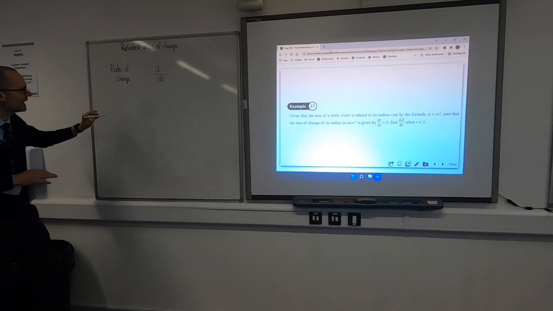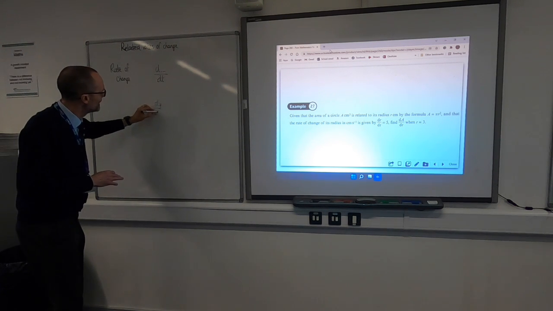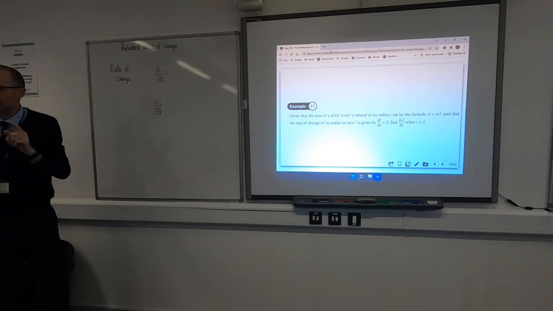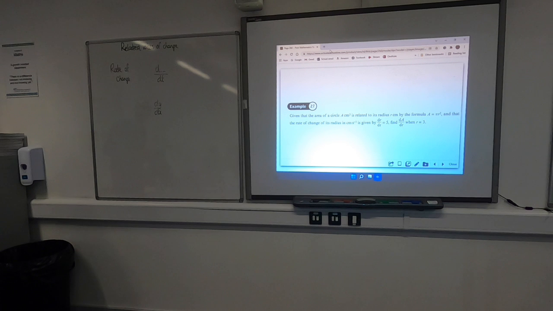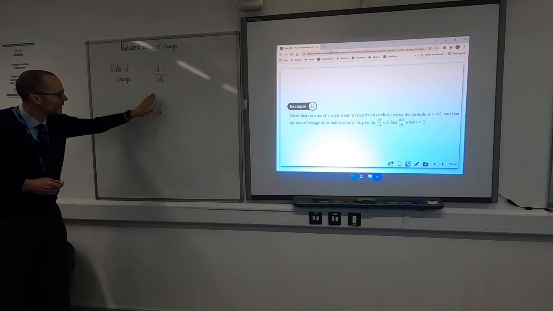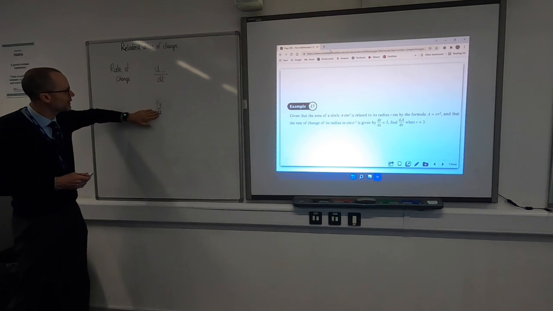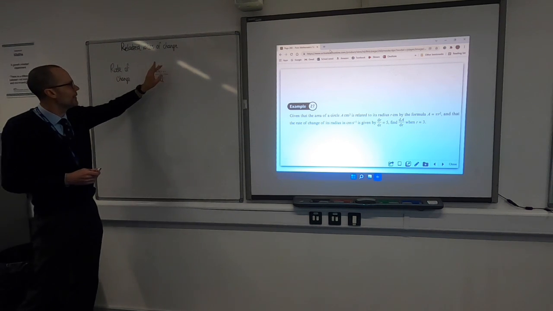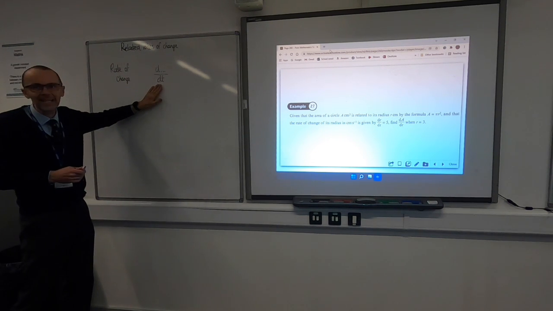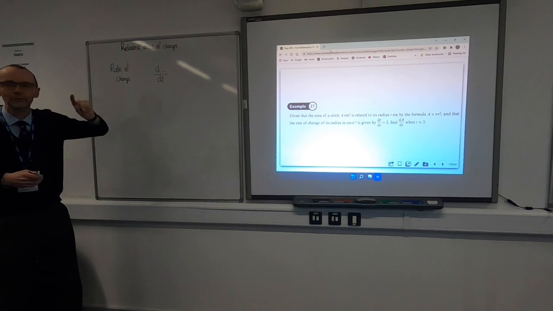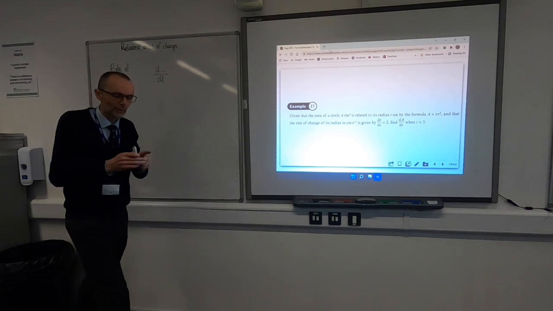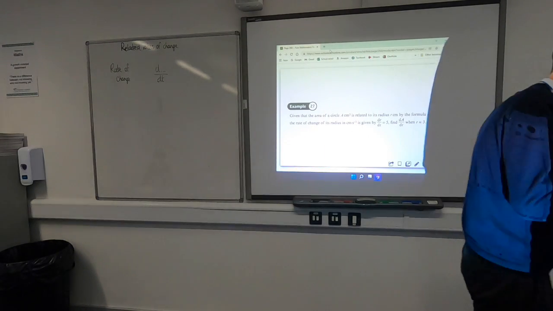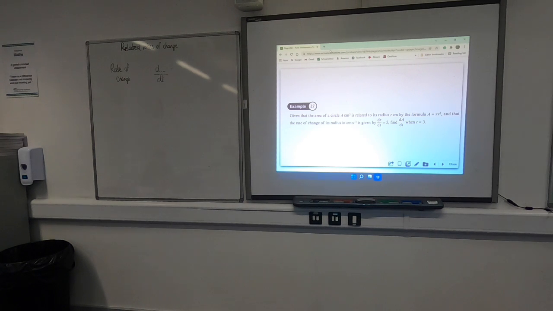Now we're used to seeing dy by dx when we differentiate y equals some expression in x, and we know that this gives us a formula for the gradient. If something talks about the rate at which something's changing, it's d whatever that thing is by dt. t is the variable when we're talking about the rate at which something is changing. So we're not talking about y and x, we're talking about time.